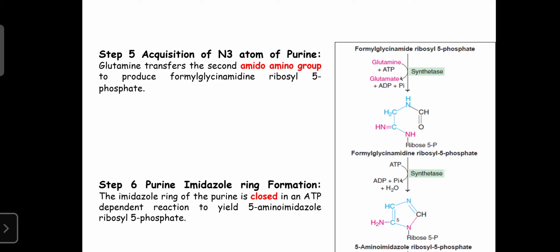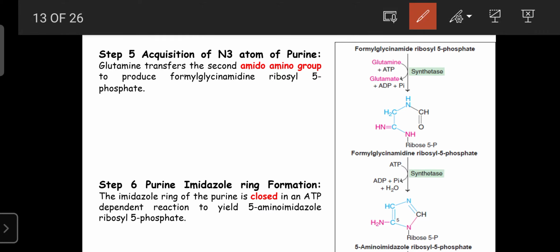So here once again, the glutamine can transfer the second amido group, or second amino group, to the formyl glycinamide ribosyl 5 phosphate in the presence of the synthetase, and the phosphate group donor is ATP.